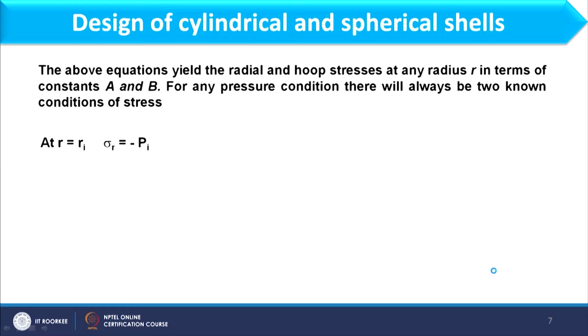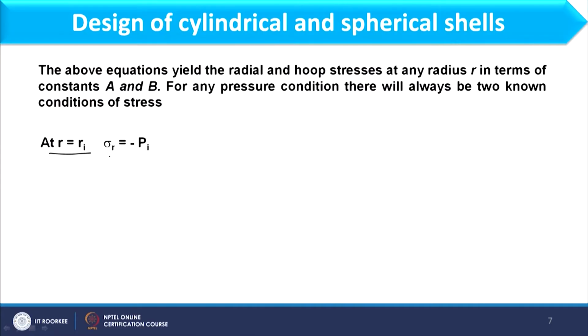Now what would be the condition? If you consider the cross sectional image of the thick walled vessel where internal and external pressures are both acting, that would be the object for which we need to derive the equation. So we will extract conditions from that image only, where if r equal to ri, sigma r would be minus pi.